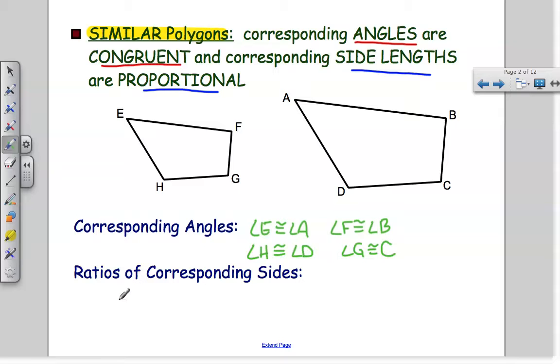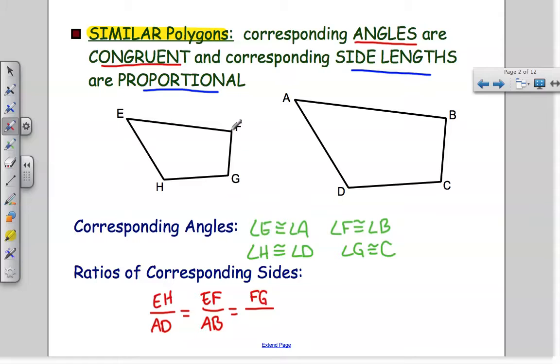And so we can write this long extended ratio. A ratio is like A to B, but we're going to look at every side comparison, and we know those ratios should be the same. So if you compared the length of side EH, what does that correspond to in the other one? AD. That should be equal to, or the same ratio as, looking at side EF. And I would compare that to what corresponding side in the other one? AB. Should be the same ratio as when I look at side FG.